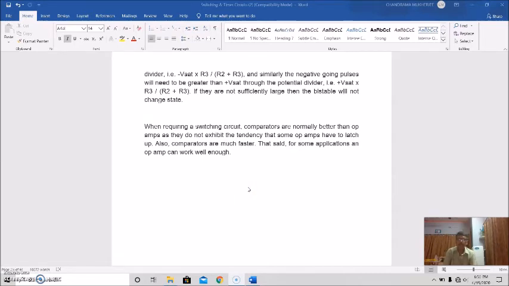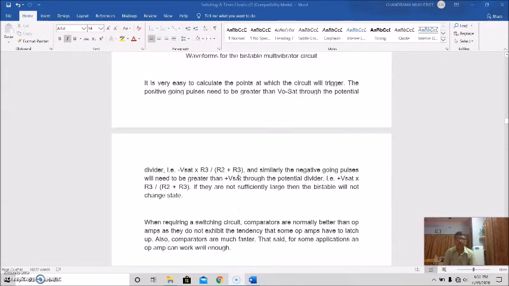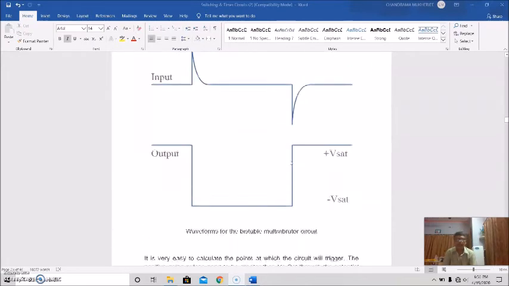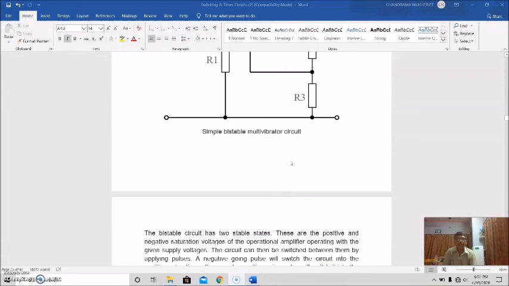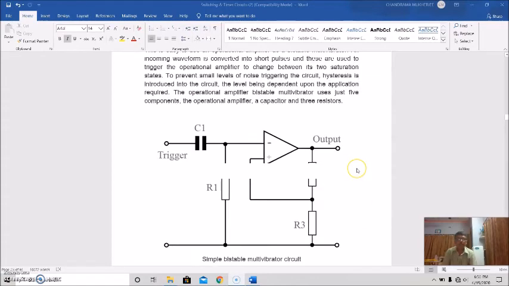If we sum up, or recapitulate, all our earlier discussions of multivibrator circuits using op-amps, we started with astable, then monostable, bistable, everything coming.